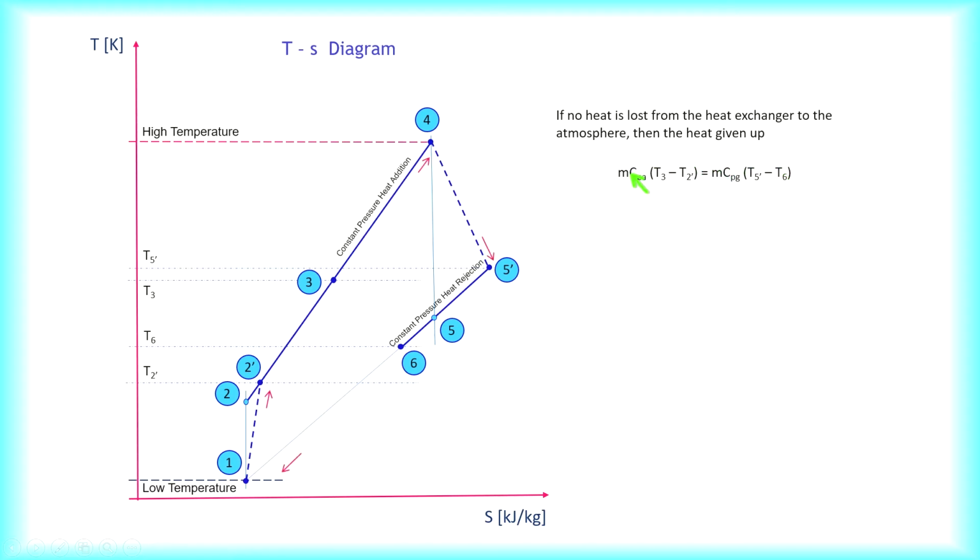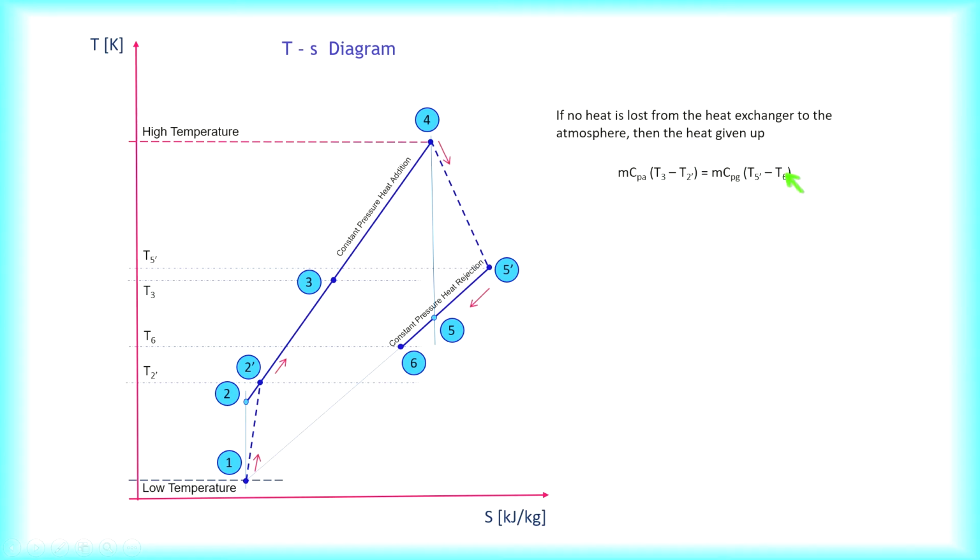This is the heat and this is also the heat. This heat refers to the hot gas stream at the turbine exhaust, or the turbine outlet. This is after the compressor in the heat exchanger. This is after the turbine, which is in the heat exchanger.